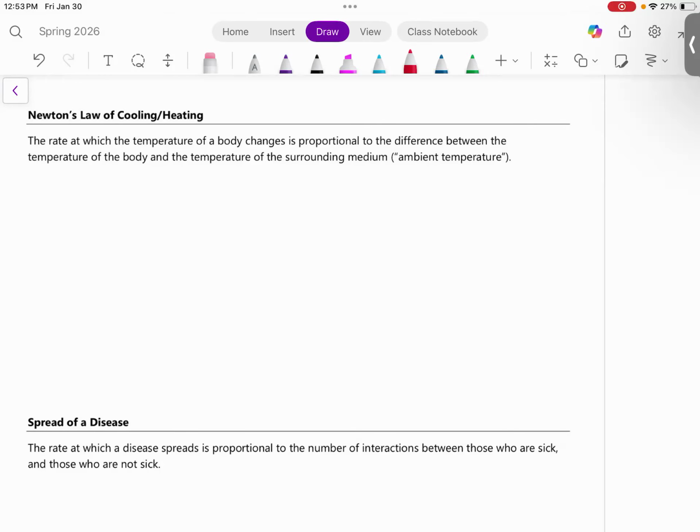Much like before, we want to define a variable, and from there develop the derivative and any other elements that we need, like proportionality or other types of constants. So we say T is the temperature of the body at time t.